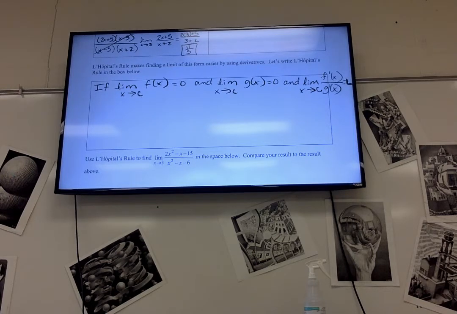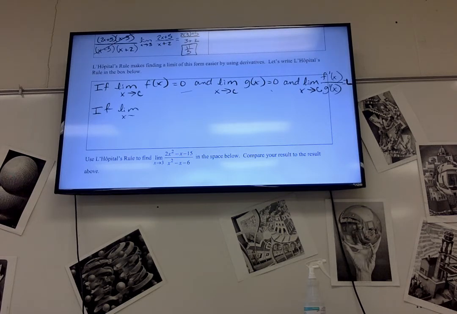So you have f of x over g of x, and this is saying if you get 0 over 0, then you can take the limit and just take the derivative of the top and the bottom, not using the quotient rule. You'll get the same thing. Equals L, some limit.